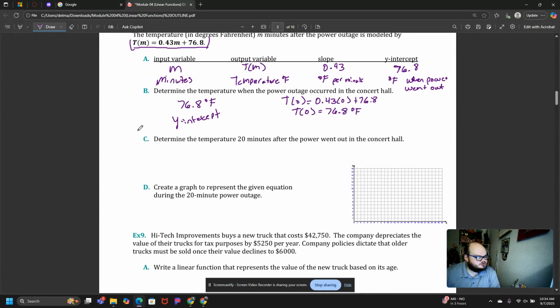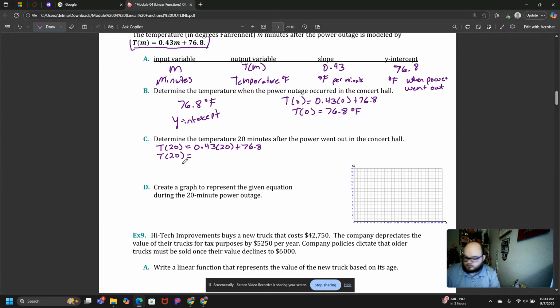So the temperature 20 minutes, so that would be T of 20 is equal to 0.43 times 20. And I forgot to bring up the calculator, so if y'all will just take my word for what it multiplies to, that will work out for me.